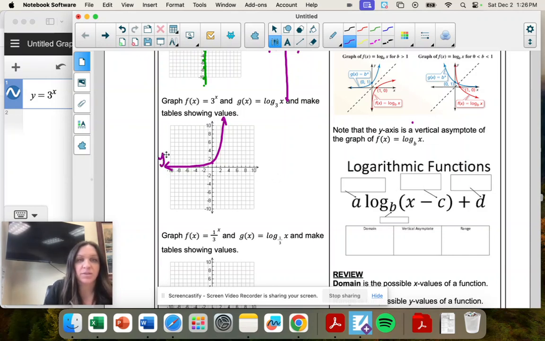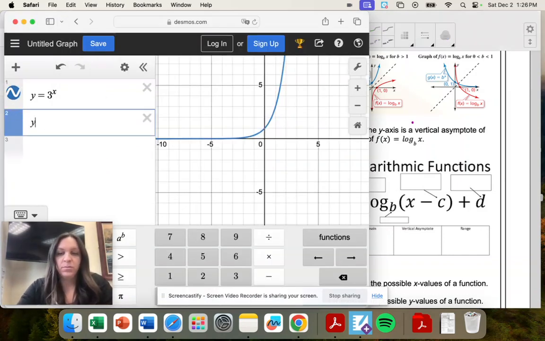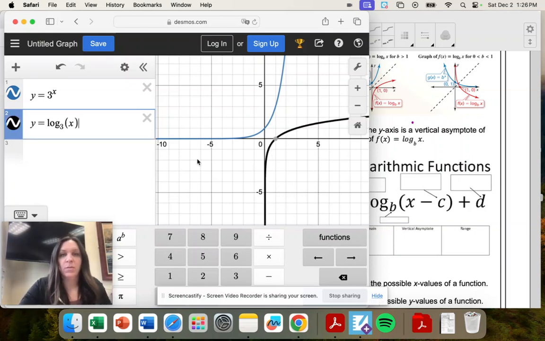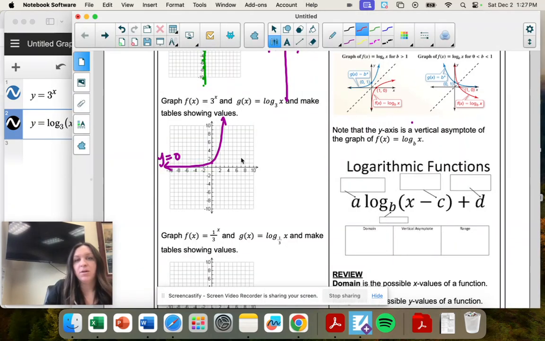It's y equals 0. When we have a log base 3, look, we're still at 1, but this time our asymptote is along the y-axis.